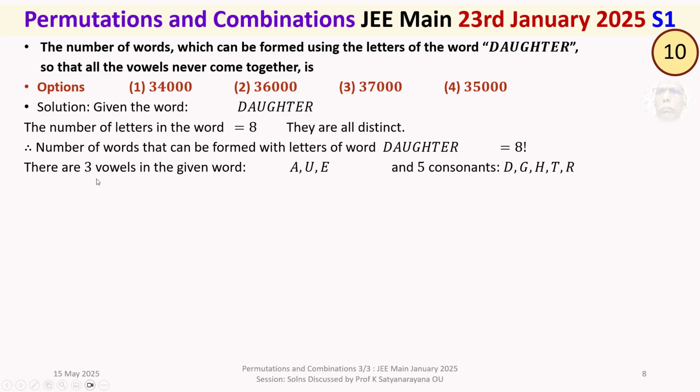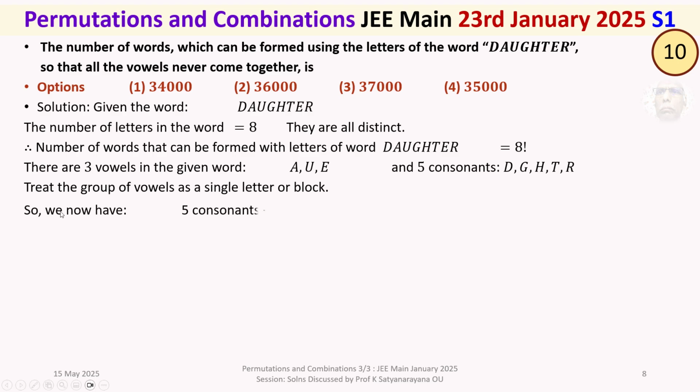Now treat these three vowels as one block. Treat the group of vowels as a block. So we have 5 consonants plus one block of vowels. This one block you have to consider as one item.